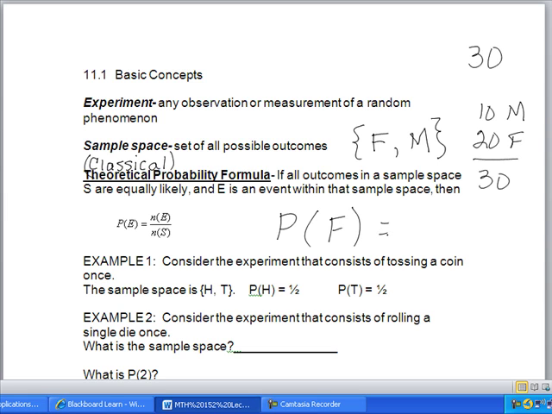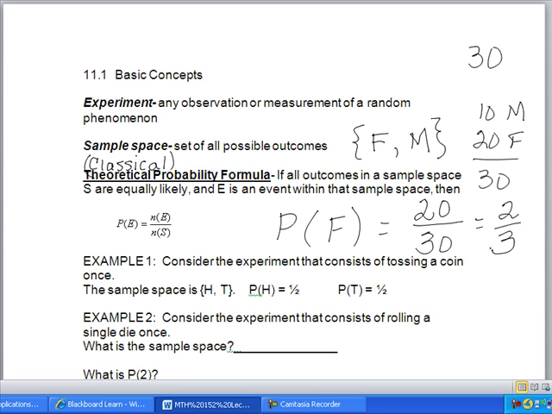The probability of a female student, if we randomly select a student, would be 20 out of the total number. That's the number in the sample space, or 2/3 if we reduce it. Okay, so it's the number of events that are successful over the total number in the sample space.